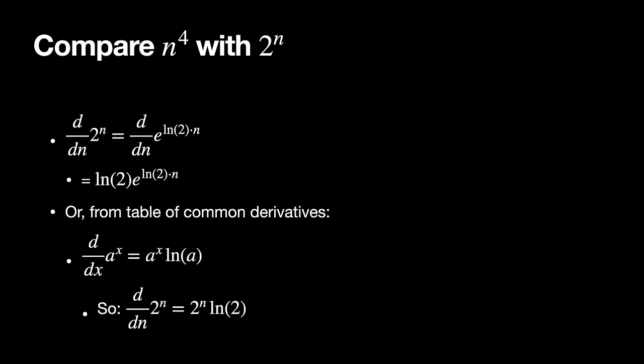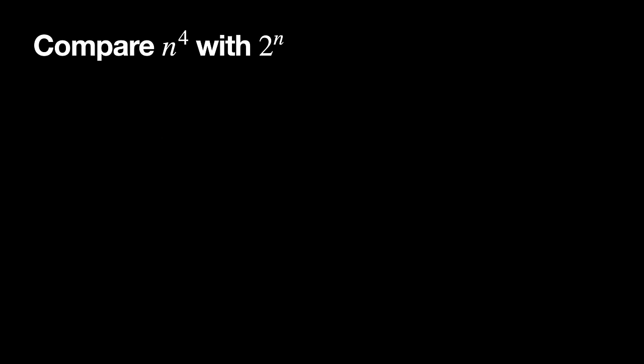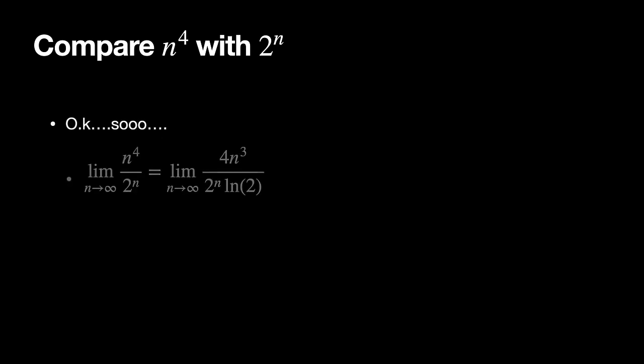Okay, let's plug all this back in and see how it relates to our original goal. So we're trying to find the limit of n to the 4th over 2 to the n as n approaches infinity. That'll be equivalent to the limit of the derivative of n to the 4th over the derivative of 2 to the n.